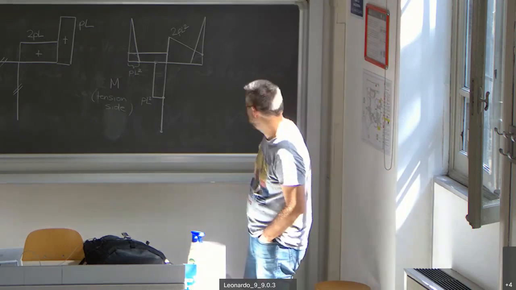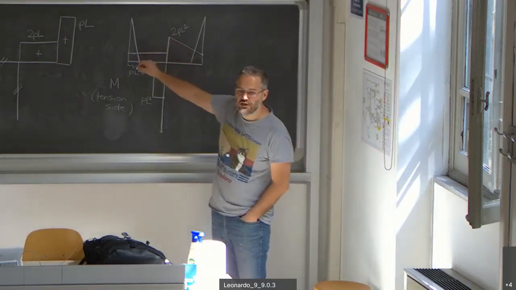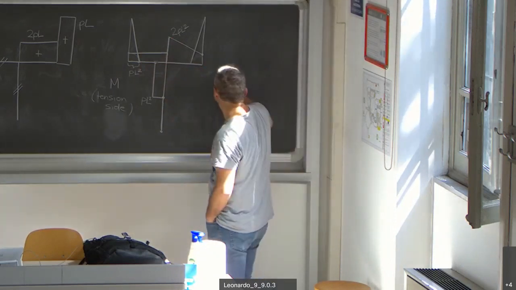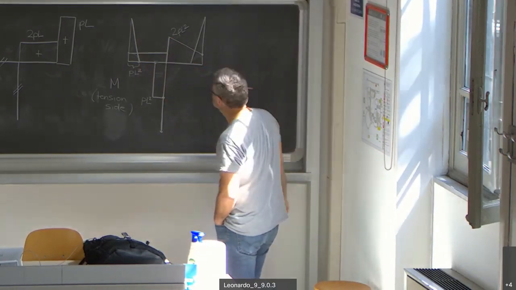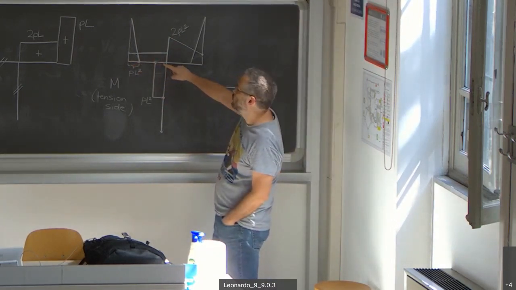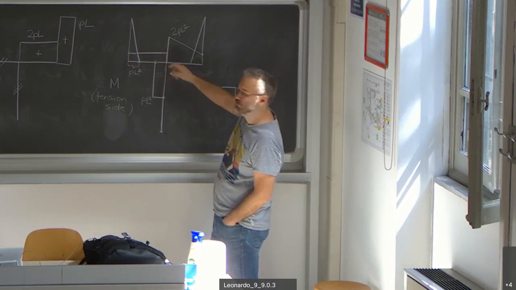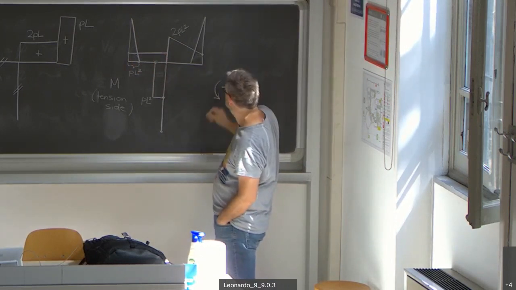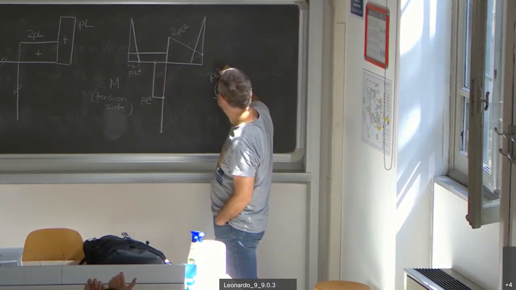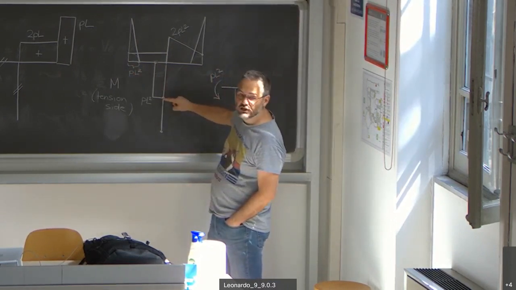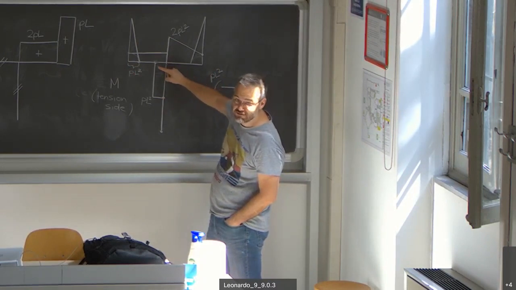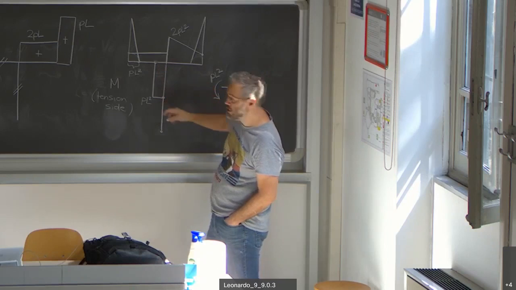Okay? Quite strange, the note here. What do we have from the horizontal portion? A moment that puts tension at the top. The value, PL squared. From the vertical portion below, a moment which puts tension to the left, whose value is PL squared.